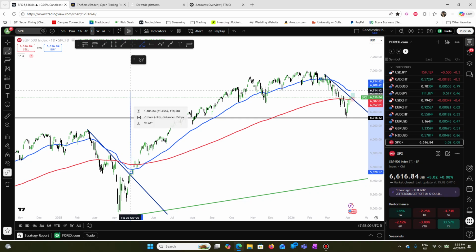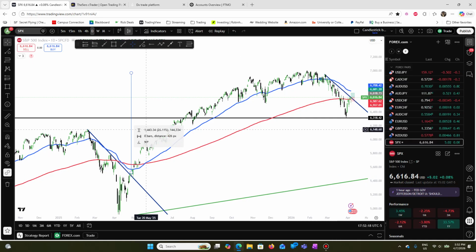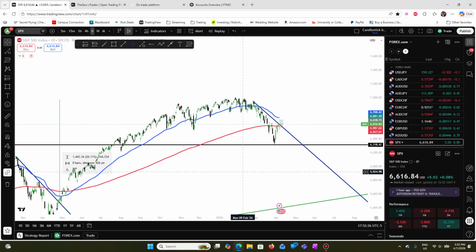It just went up. That is by what? 1400 pips, 1400 bars, 1400 points. That's a huge rise. So that is the same thing that I am doing here.